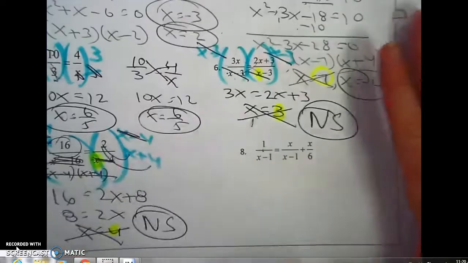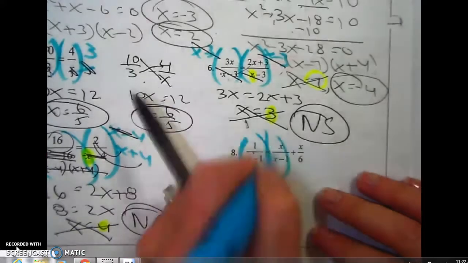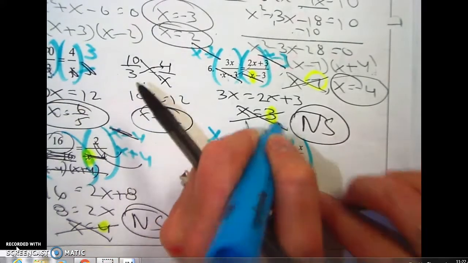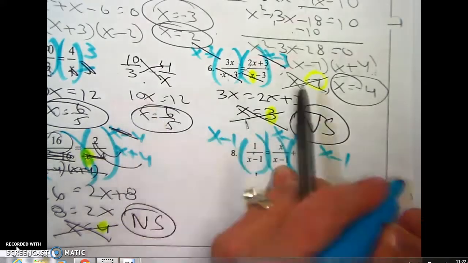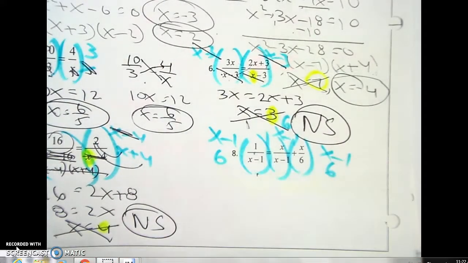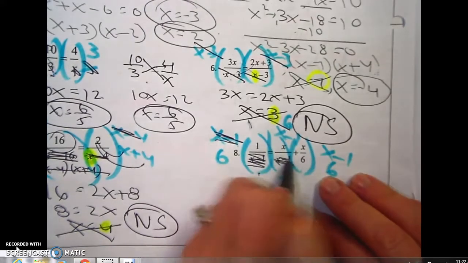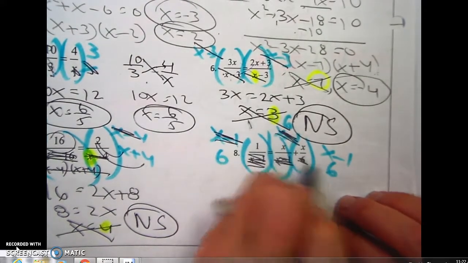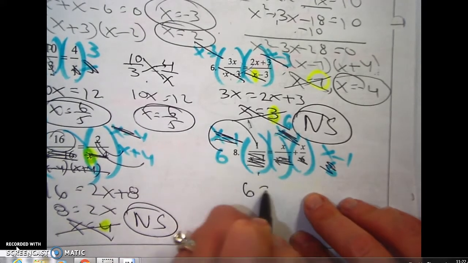Number 8. In number 8, I can't make an x and multiply what touches, so I'll do the parentheses. First guy, x minus 1, x minus 1, x minus 1. Second one, x minus 1, covered. Then the 6. Notice I'm doing it vertically. I don't want to get confused. x minus 1, bye-bye. x minus 1, bye-bye. 6, bye-bye. Now I write what's left. 6 times 1 is 6.